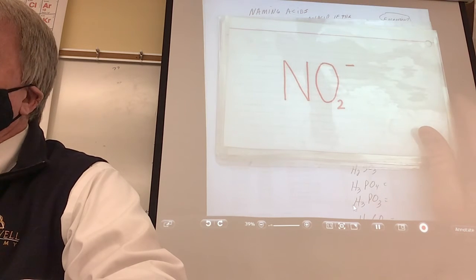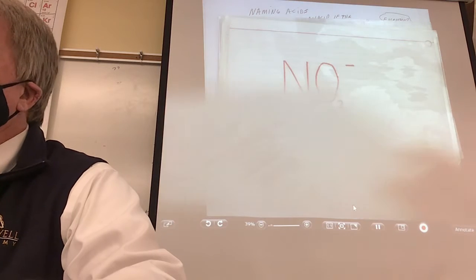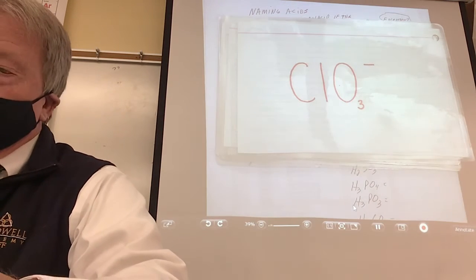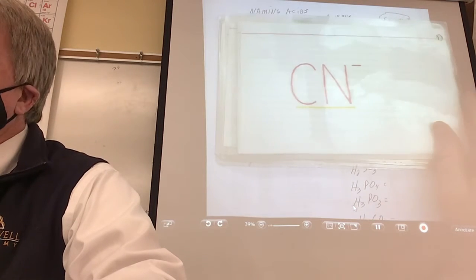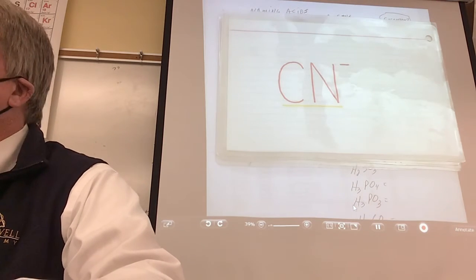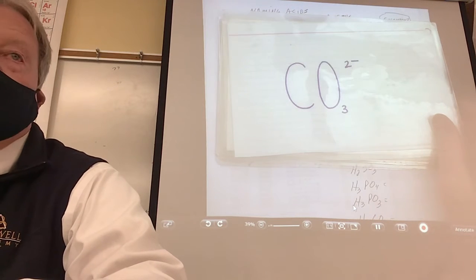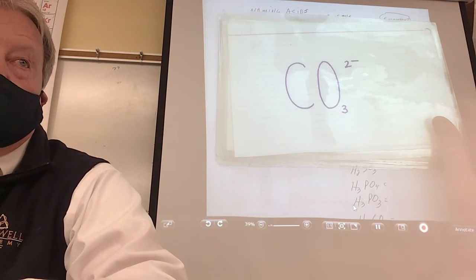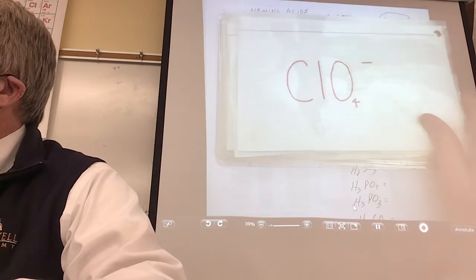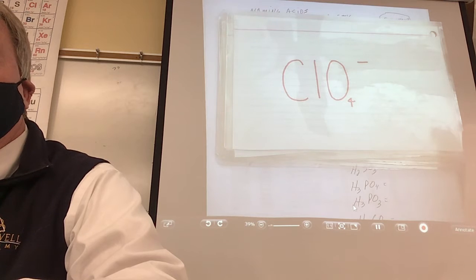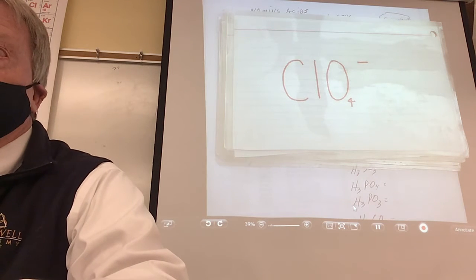Nitrate is NO3. Nitrite. Chlorate. This is one of the bad names. Cyanide. This is a pretty common polyatomic ion. Carbonate. Uh-oh, hard one. Chlorate is ClO3. You add an oxygen, right?